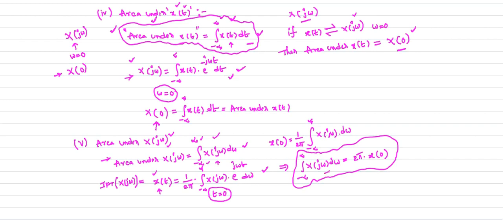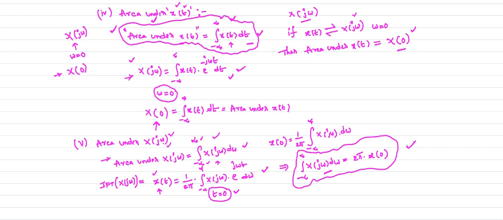I want this expression. So how can we get this expression? You simply put t equal to 0 on both sides of the above equation, so that I will get the integral minus infinity to plus infinity X of j omega d omega is equal to 2 pi times x of 0. This is the area under your frequency domain signal X of j omega.